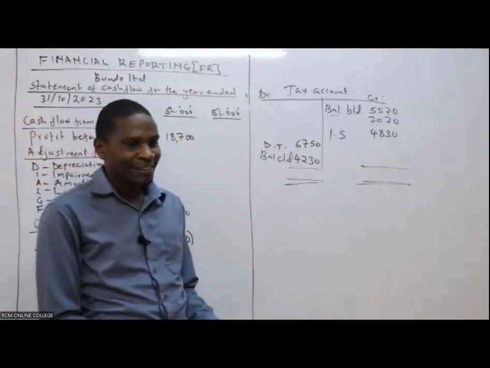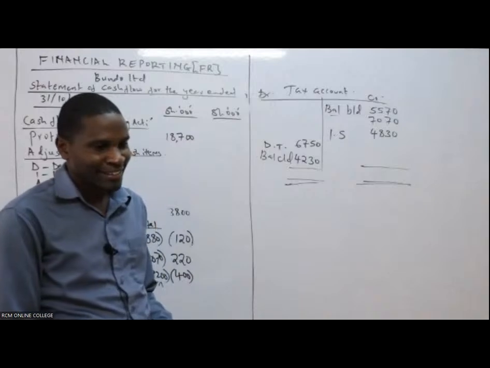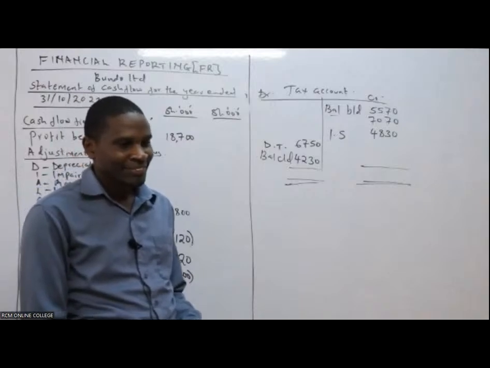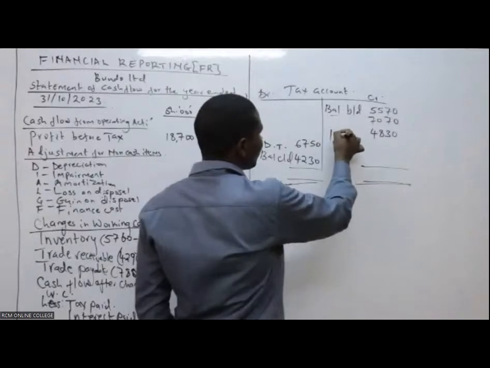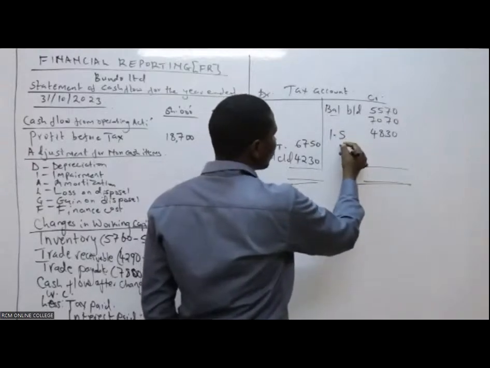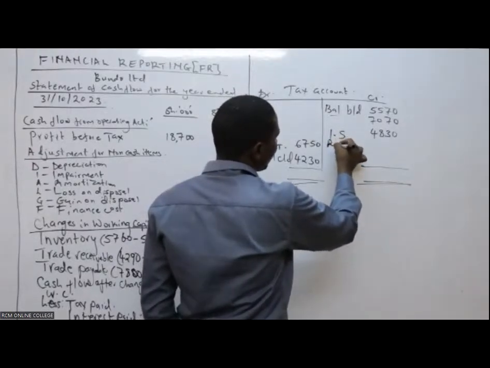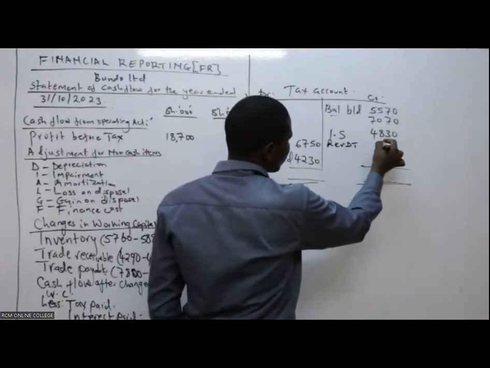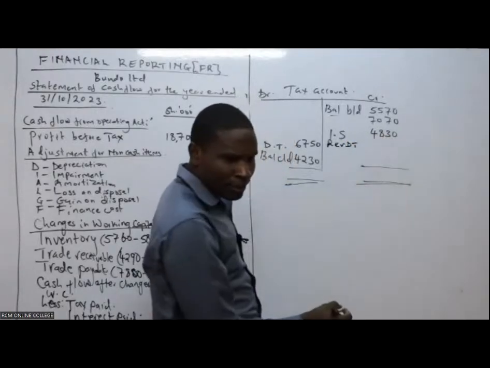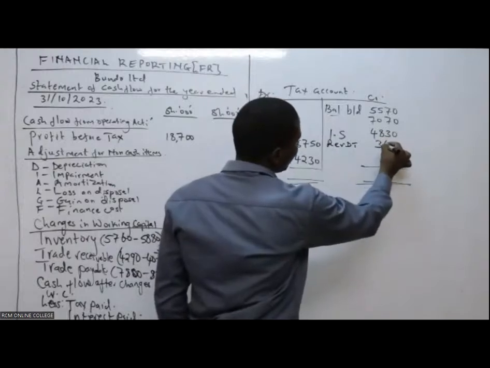And here we credit under deferred tax. Ili sasa tupate the tax paid. We can call it what? On revaluation, there was deferred tax of what? Of ningapi? 360. Yes, 360.